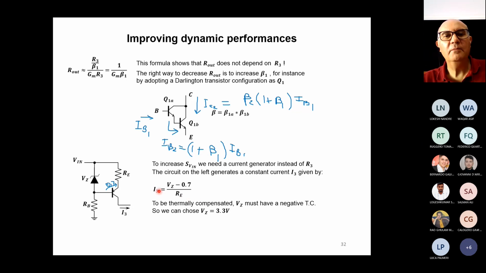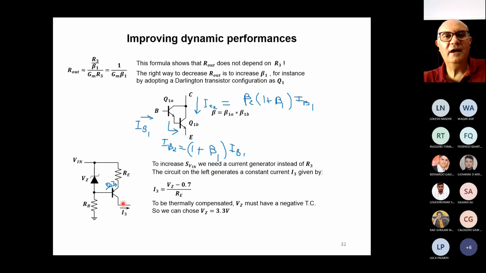And so I can impose the emitter current, and so the collector current of the transistor itself. The current of the collector will be Vz minus 0.7 divided by Re. And that's it. We can design how much current we want.